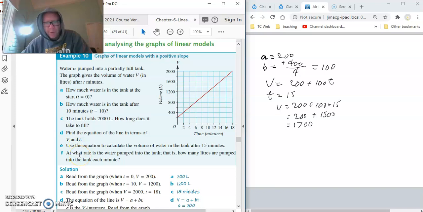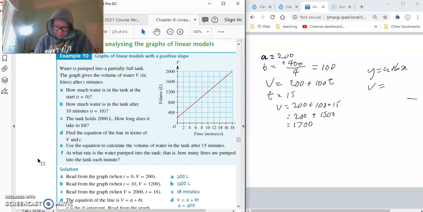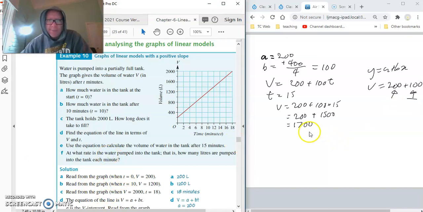Think about what the A and the B mean when you're looking at y equals A plus bx, or in this case V equals 200 plus 100t. What do these two numbers mean? Right, have a think about that. If you can't answer them, scroll down the page, and if you have any questions, come back to me. Thanks, guys.